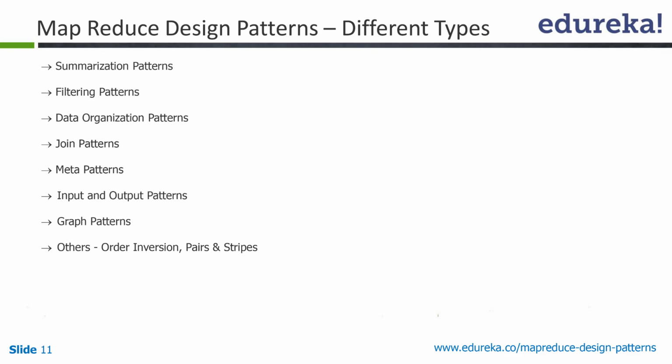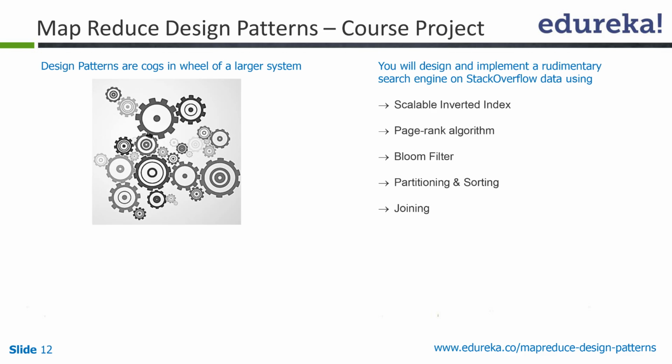Then we have the input and output patterns. These help with some of the tasks that you do with MapReduce. Graph patterns are interesting, also from the point of view of the fact that graph algorithms are not very well suited for implementing on MapReduce.